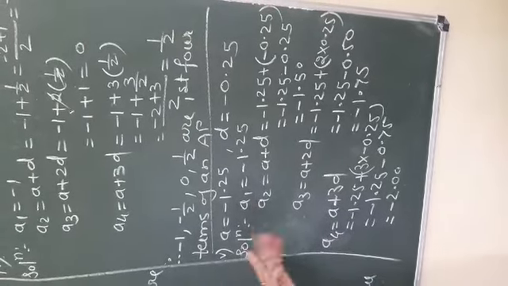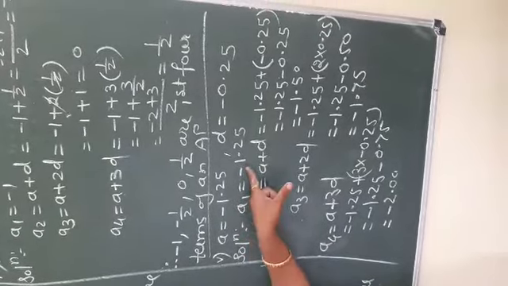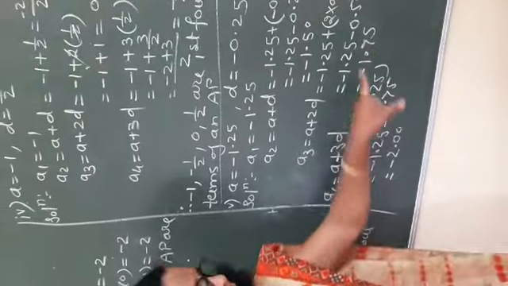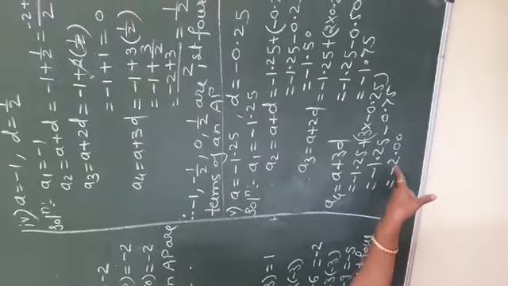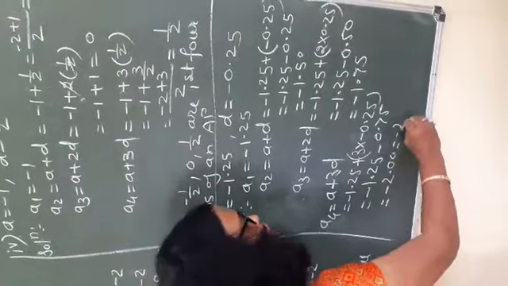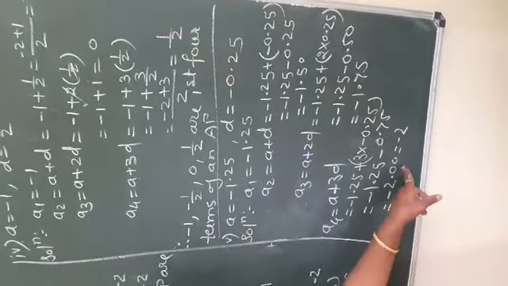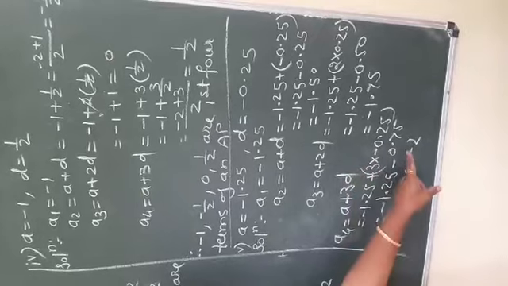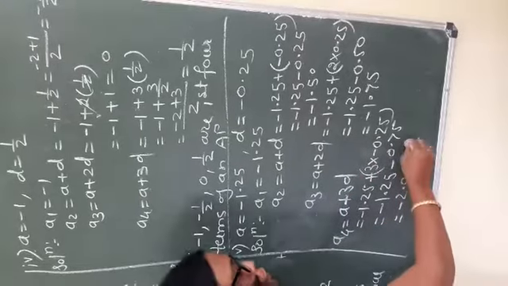Which are the 4 terms of this AP? -1.25, second term -1.50, third term -1.75, and fourth term -2.00. 2.00 means 2. We do not consider the zeros after the decimal, and we write it as -2. Thank you.